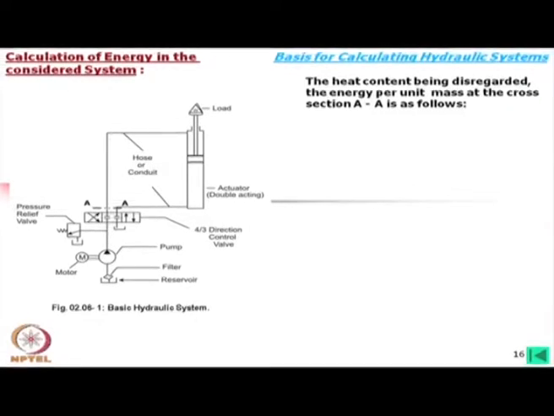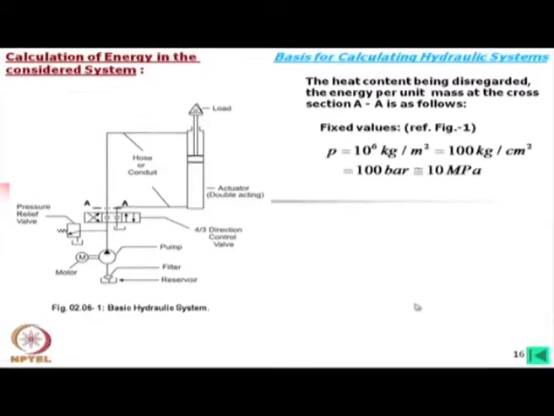Now if you would like to calculate the energy, with the heat content being disregarded, the energy per unit mass at the cross section A 1 we can calculate in this way. For this system, pressure in fluid power is usually given in bar.